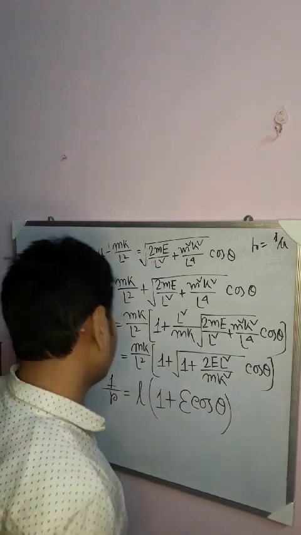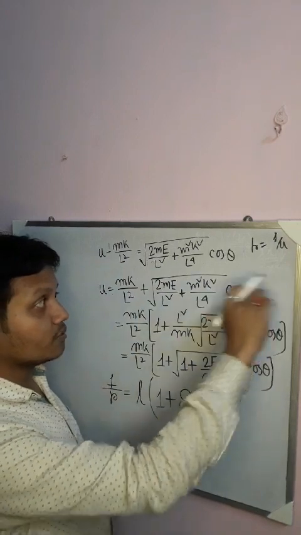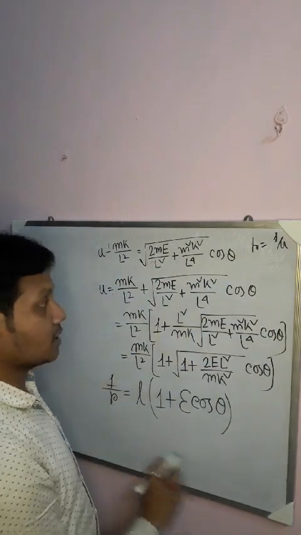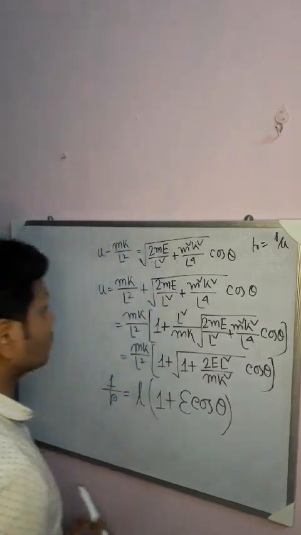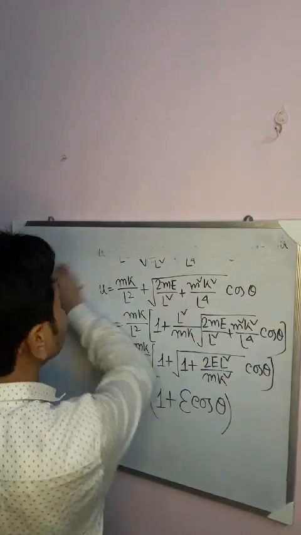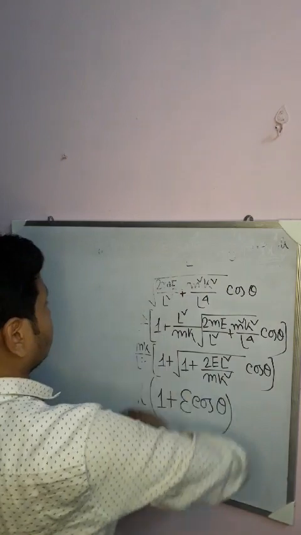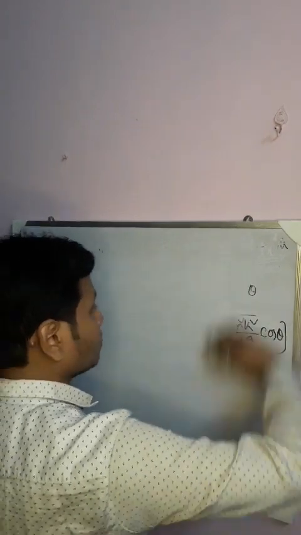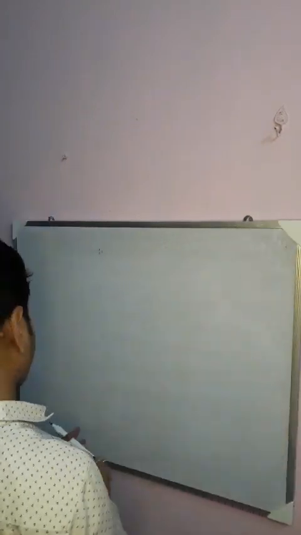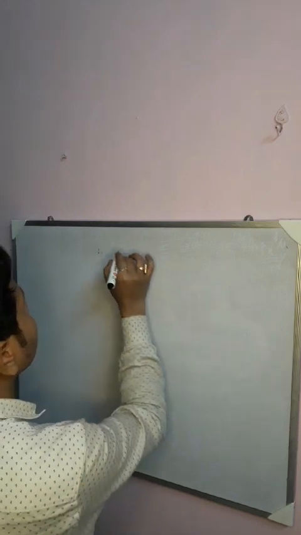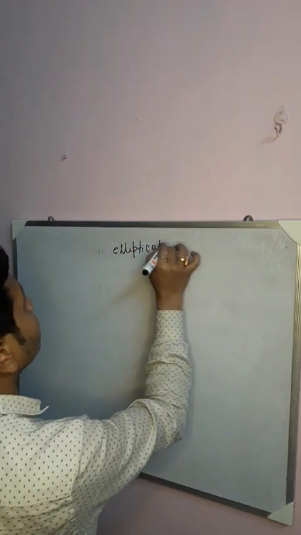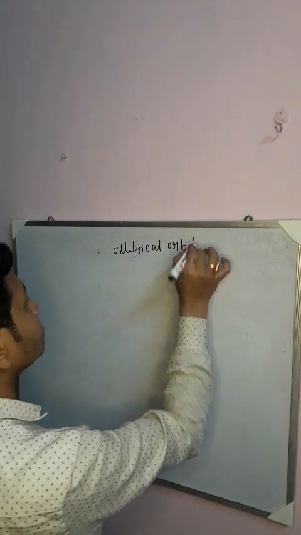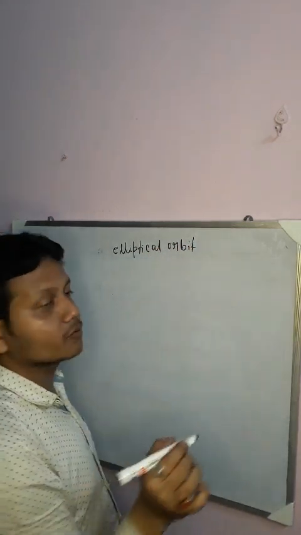That's why I do a lot of mathematics to show that we can ultimately reach the conic section equation, provided what we assume here. Since we are considering elliptical orbits, we all know the equation of an ellipse.